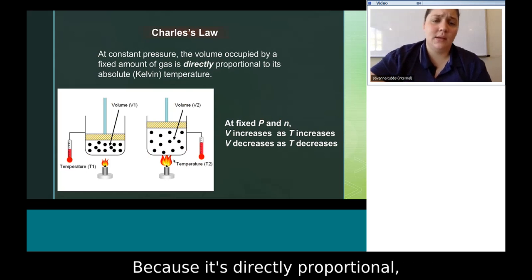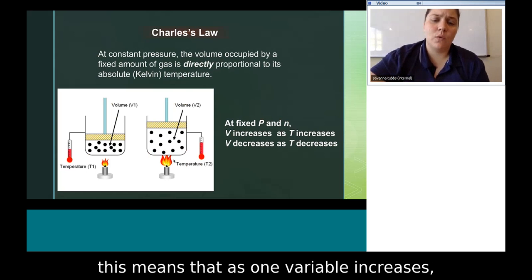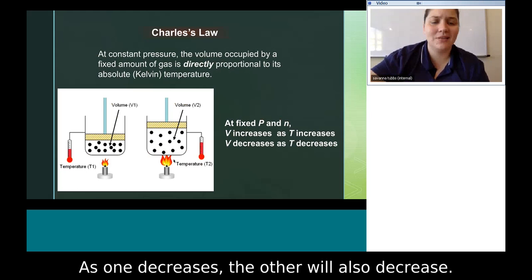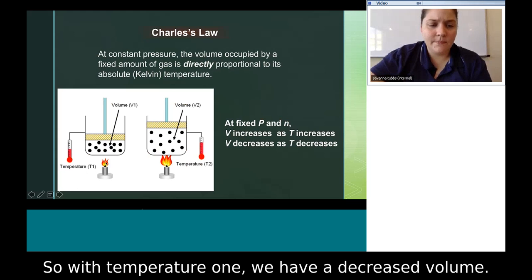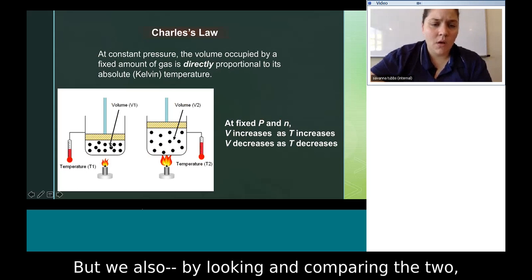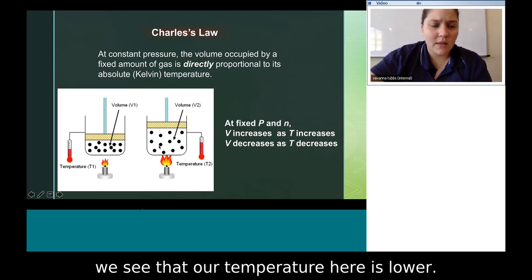Because it's directly proportional, this means that as one variable increases, the other will also increase. As one decreases, the other will also decrease. So we can see this in these two pictures.